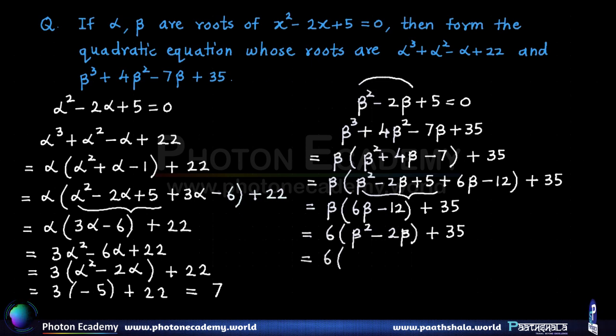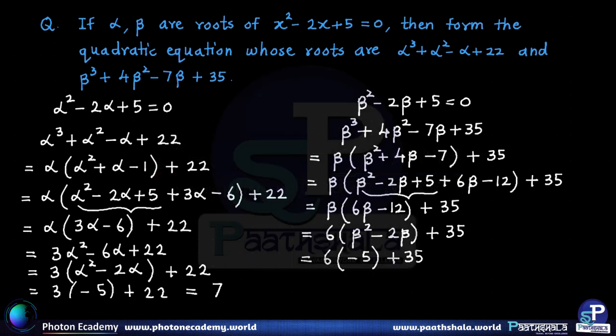So we can definitely replace it with minus 5 plus 35. So therefore we have 35 minus 6 into 5, which is 30. So that is nothing but equal to 5. So we see that the two roots are nothing but 7 and 5.